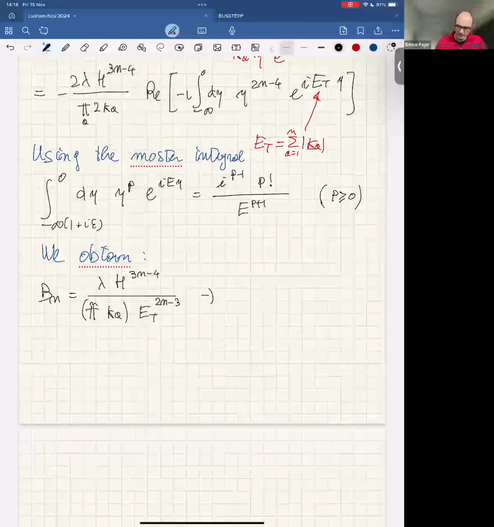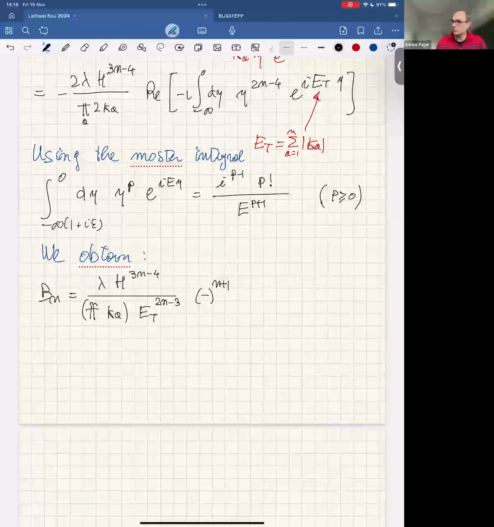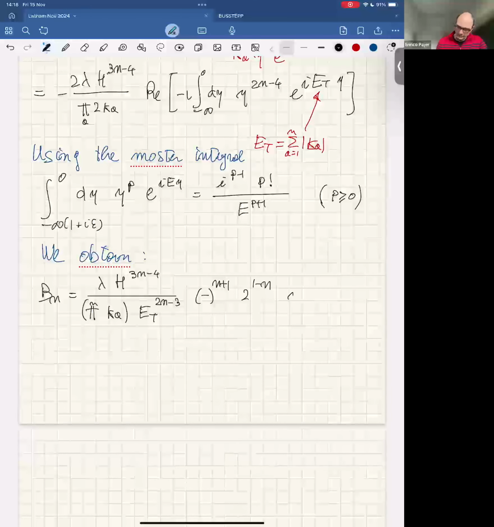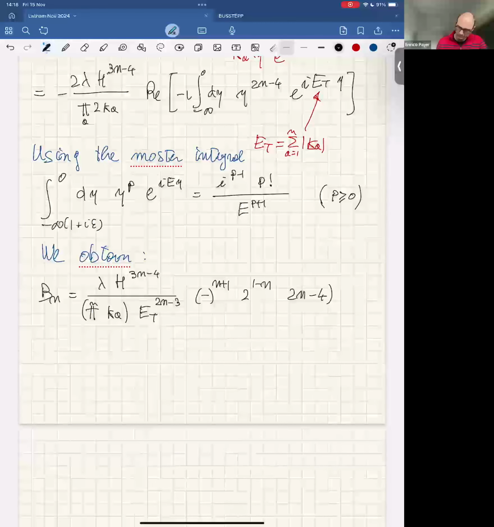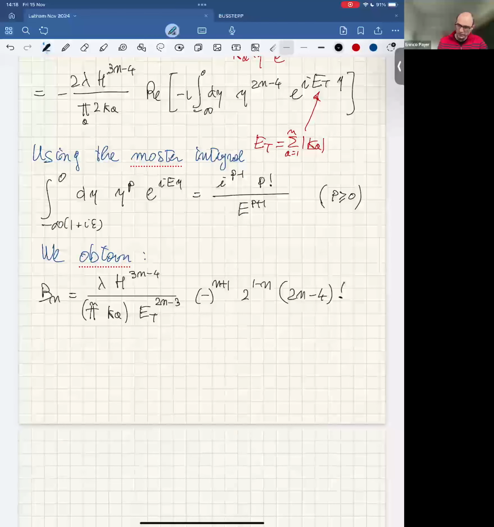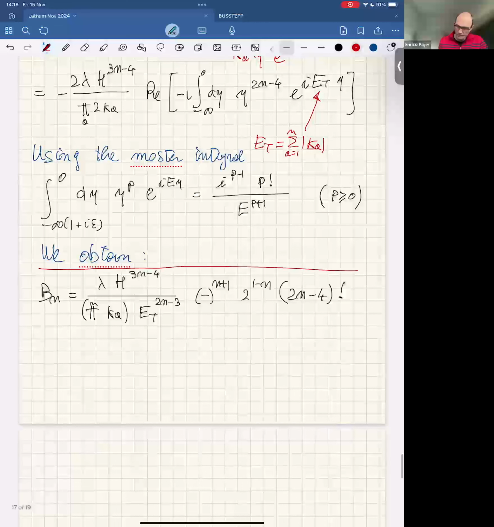And finally, there is minus to the n plus 1. If you keep the minus sign, there's a factor of 2, and then there is a (2n plus 2n minus 4) factorial. So that's the result of our calculation.